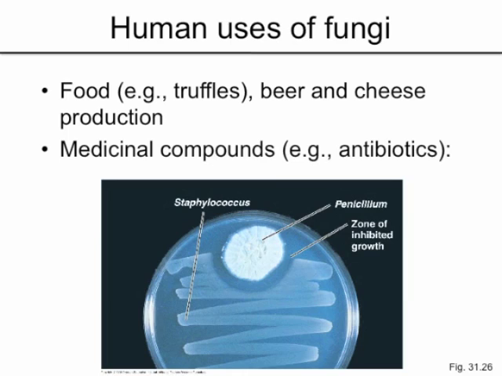This is an example from your text, but the streak here is staph. It's a staphylococcus, so it's a bacterium. And the fuzzy thing there is penicillin. You can see there's a zone around the penicillin where the bacterial growth is inhibited.